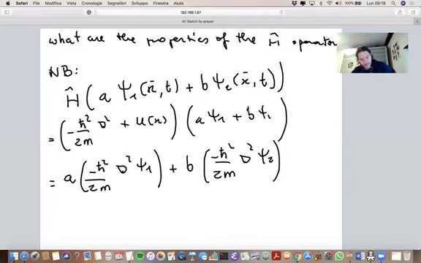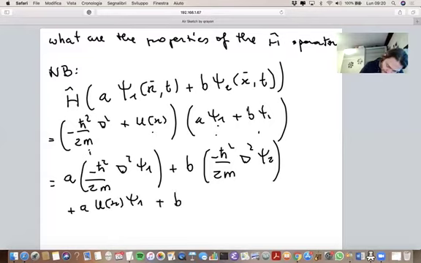And I've taken care of this part acting here and this part acting here. Of course, now I have this multiplying this, but now this is a simple multiplication, and the simple multiplication by a function is, of course, a linear operation. So here I get U, and I can write this as a U of x psi1 plus b U of x psi2.